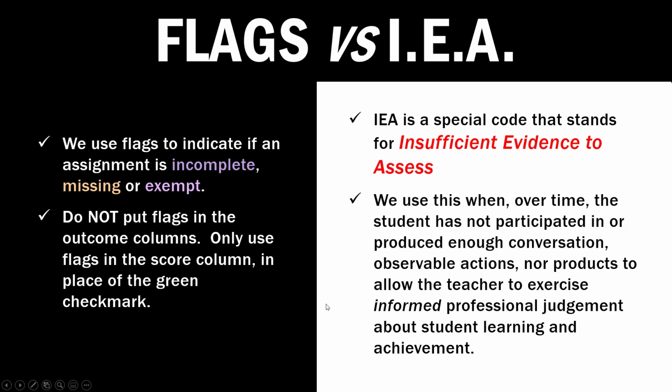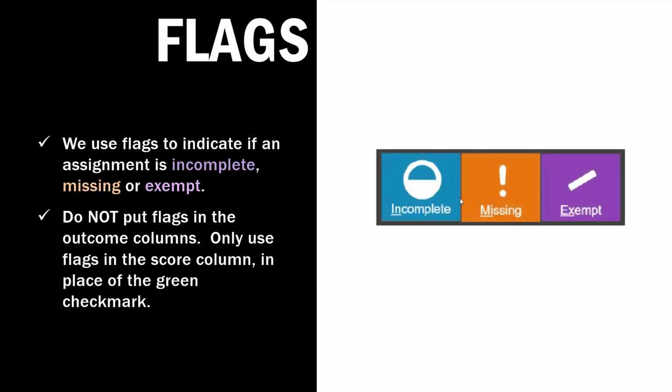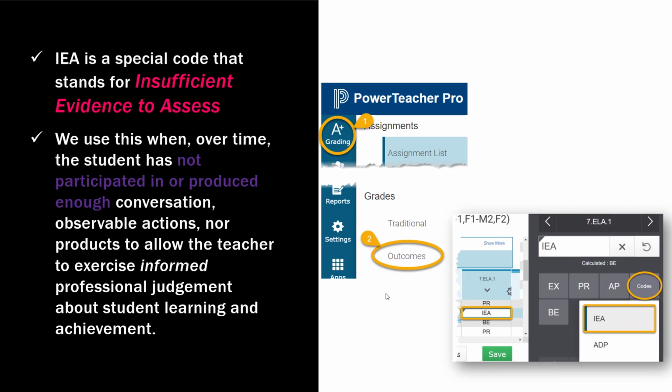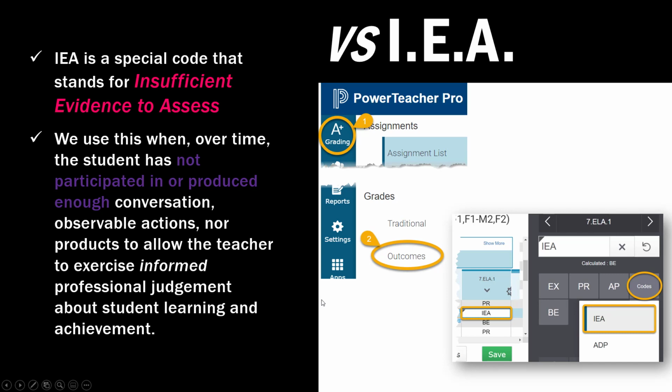Flags look like this, plus the green check mark that you'll see, the completed check mark. And please just put these in the score column. They're information only. Whereas IEA tells us that the student has not participated in or produced enough conversation, observable actions, or products to allow the teacher to exercise their informed professional judgment about student learning and achievement.